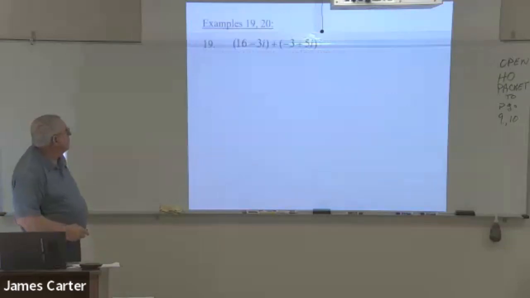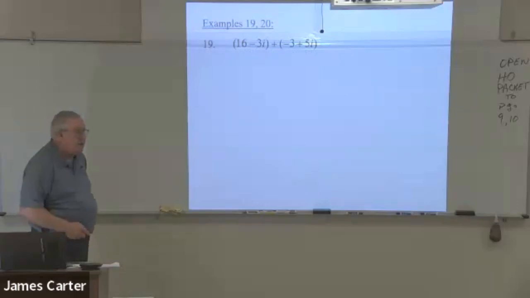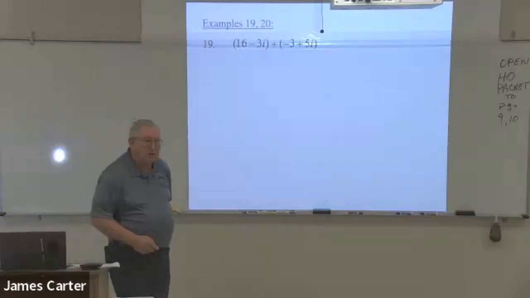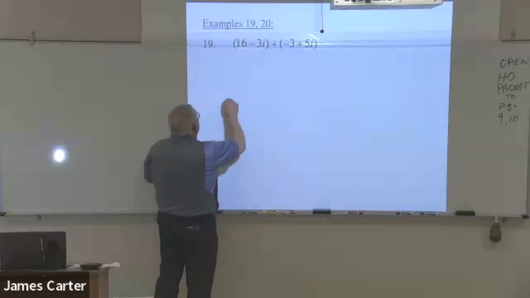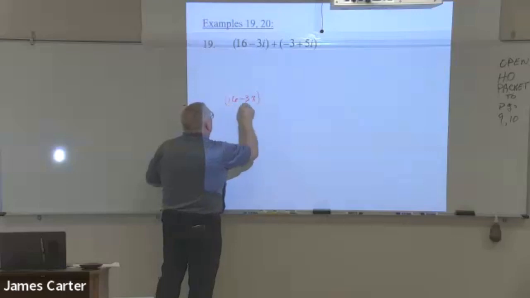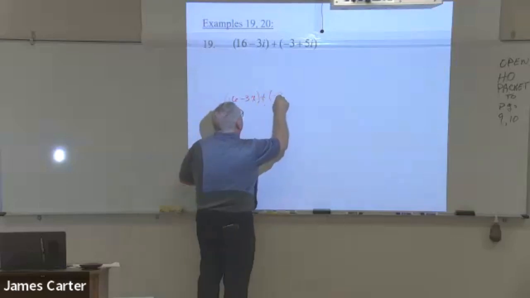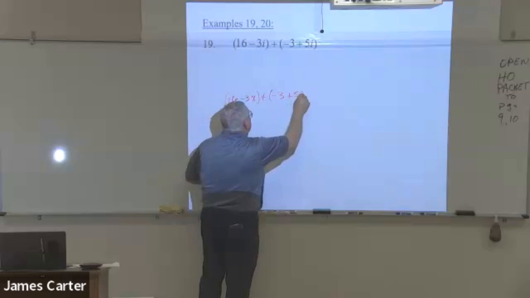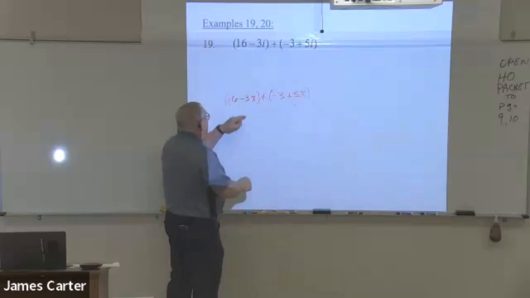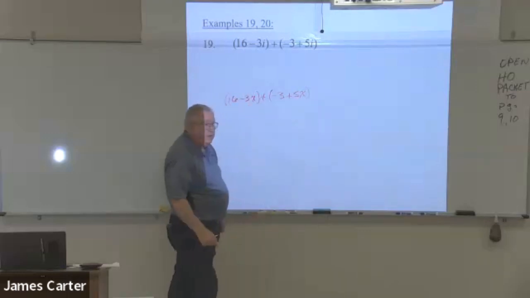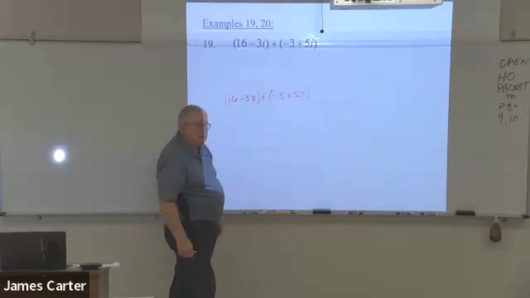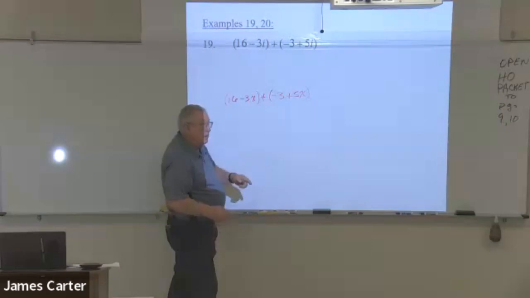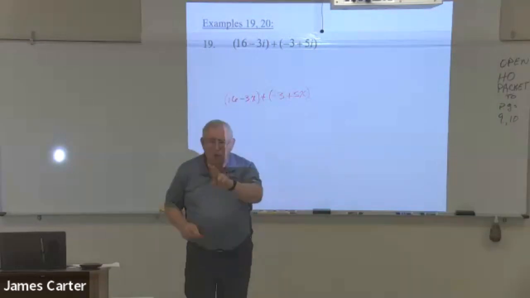Now, the operations, addition. Pretty simple. What would you do if you had 16 minus 3x plus -3 plus 5x? Well, you would add variables with variables and you would add numbers with numbers, wouldn't you? Same thing. i performs 2 roles.